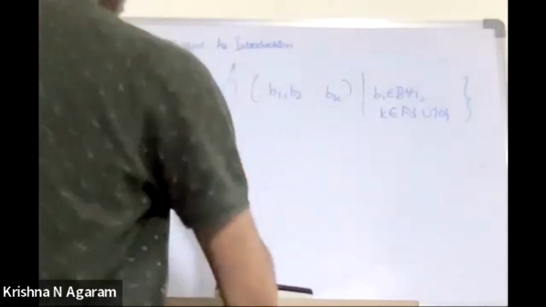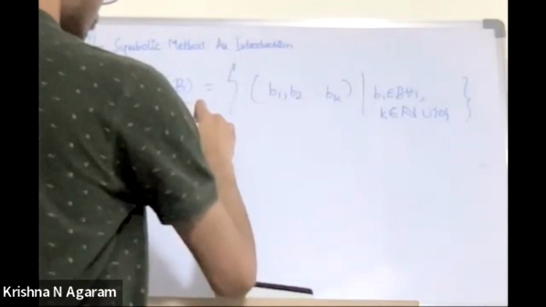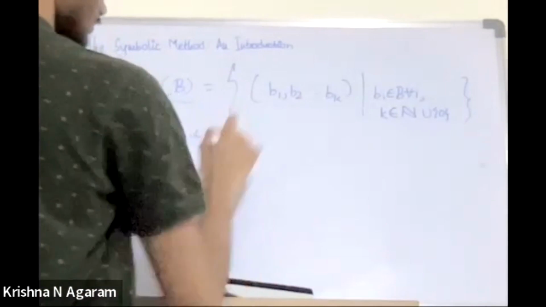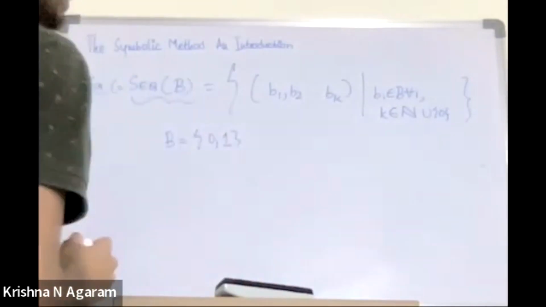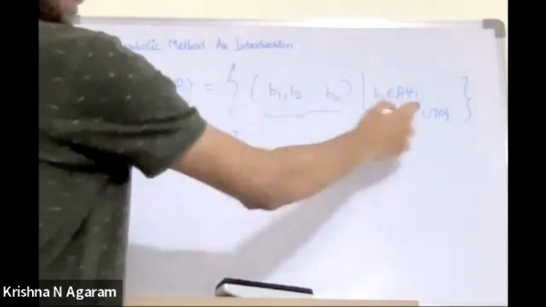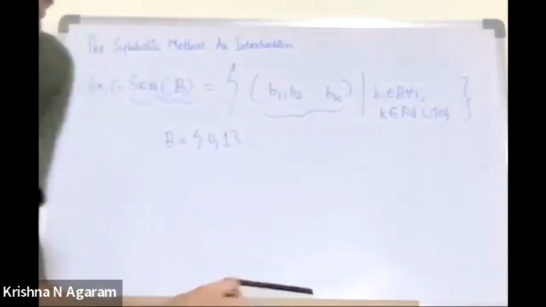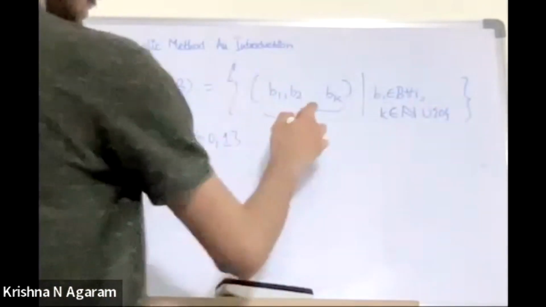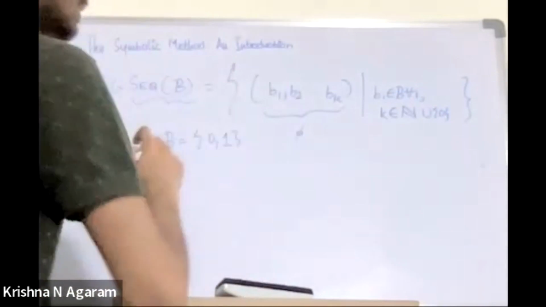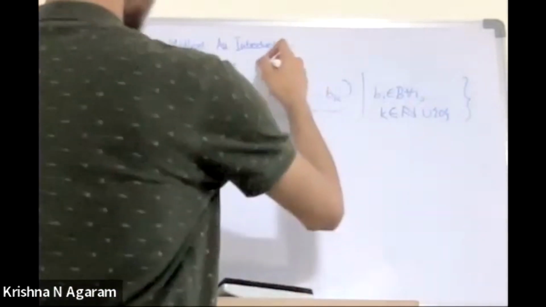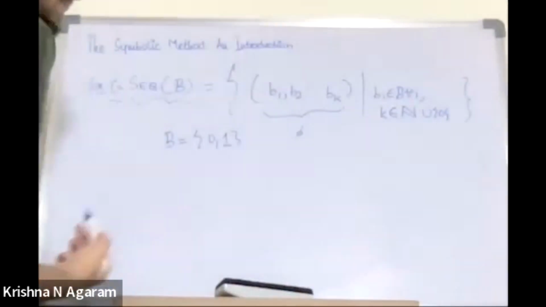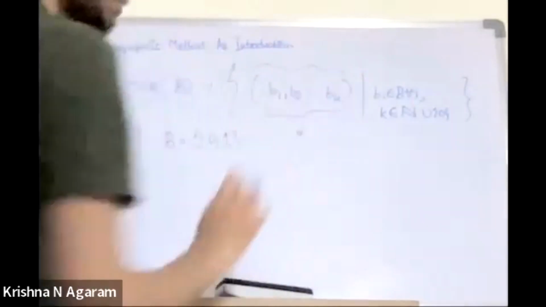So for example, if B was 0, 1, then this could be the empty thing also if K is 0. The empty tuple is also called phi. And since it's a class, I have to define a size.